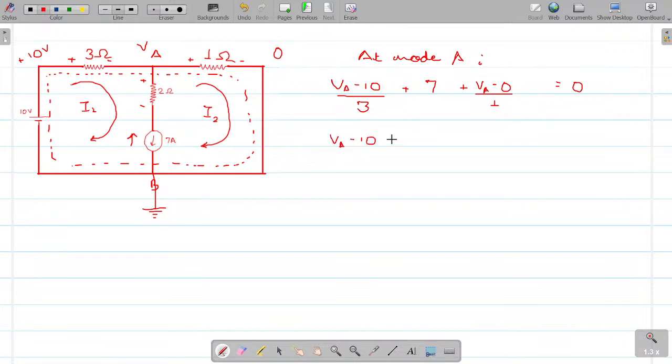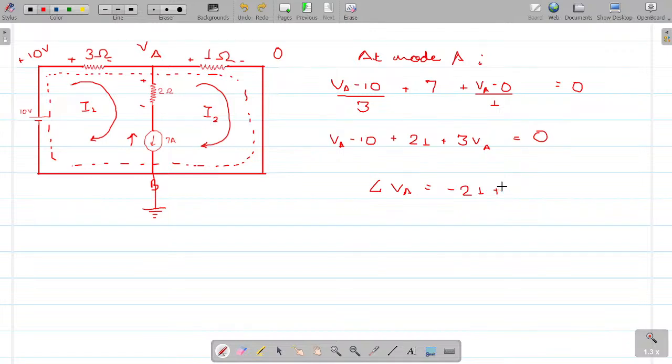VA minus 10 plus 7 threes are 21 plus 3 VA equals 0, right? Or can I say 4 times VA is equal to minus 21 plus 10.